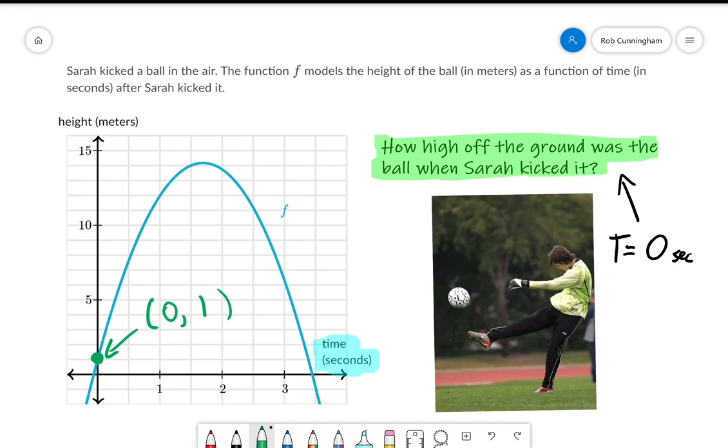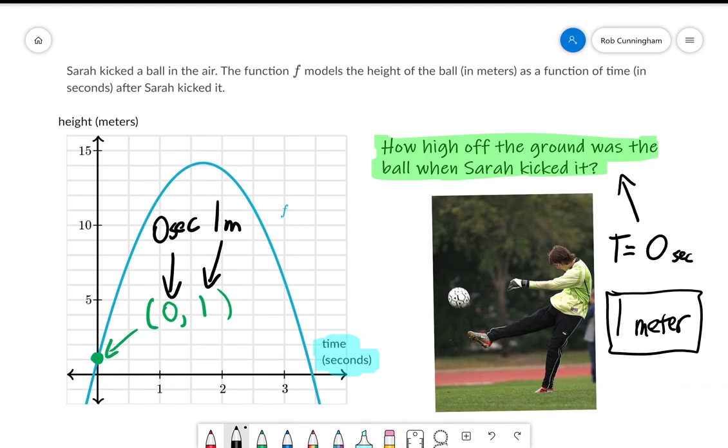Okay, so at 0 seconds, the ball was 1 meter off the ground. So the answer to our question is 1 meter. And we got it just by looking at our graph. No real math necessary. That was example 2.